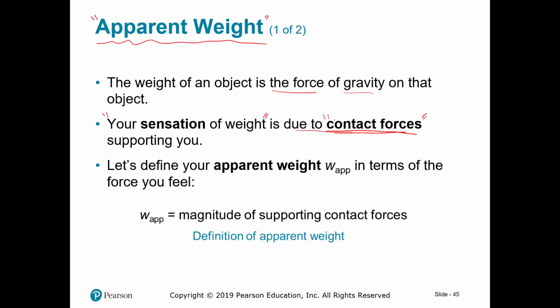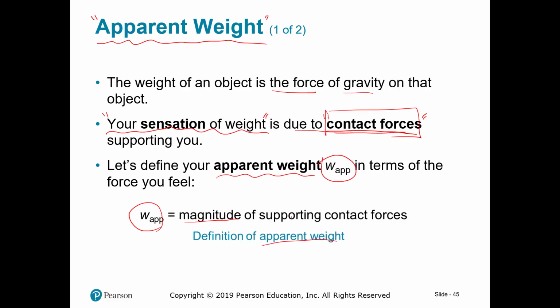So let's define your apparent weight, W apparent, in terms of the force you feel. Apparent weight is the magnitude of the normal force, which is the definition of apparent weight.